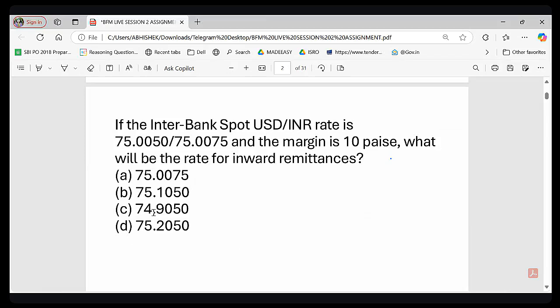Take a moment to note the question and the options. It is very important to carefully analyze the rate and the margin. Think about what inward remittance means and what calculation might be needed. I hope you are ready with your pen, paper, and calculator.